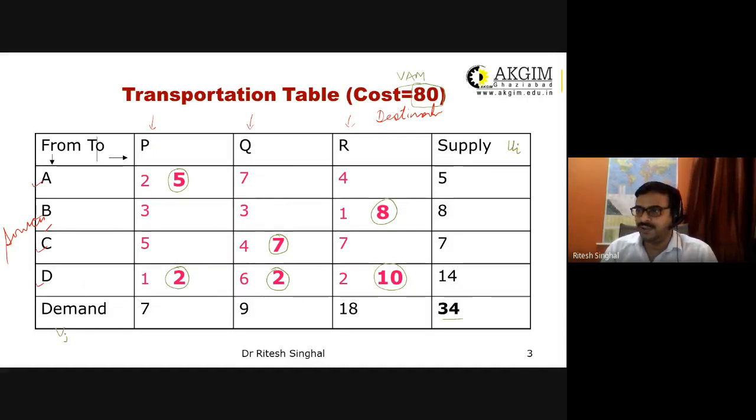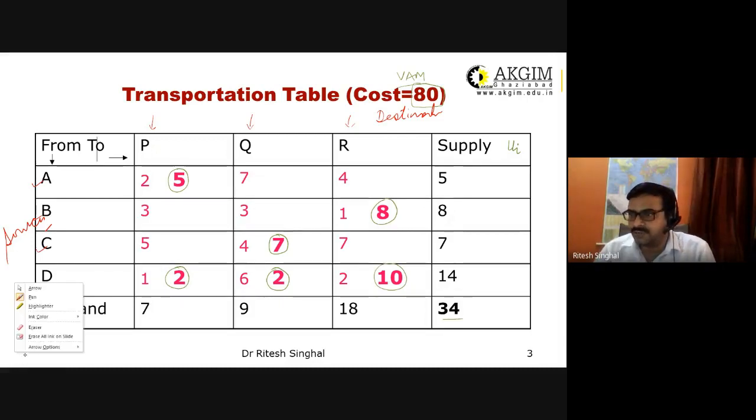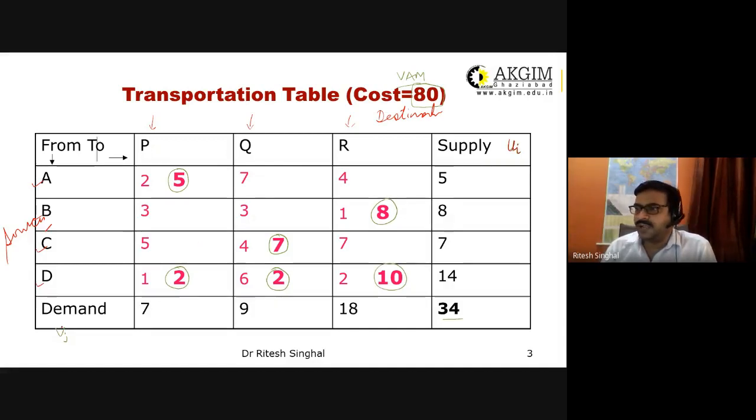These are dual variables. Here we have to find the opportunity cost. So take Ui for each row and take Vj for each column.